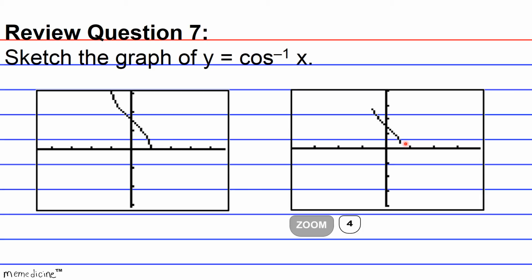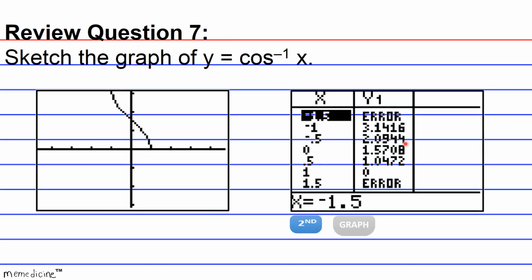What I want to caution you to do is to know the graphs of the basic functions. Know what they look like so you can determine if your calculator is representing them well. And just in case you're unsure, use the table feature by hitting second graph. It'll show you the independent and dependent variables.